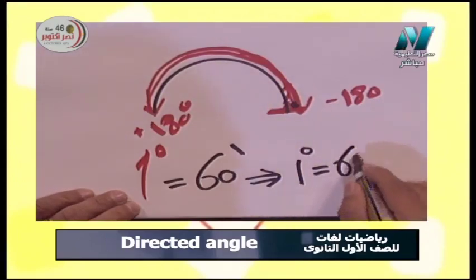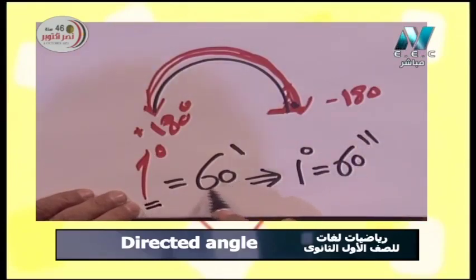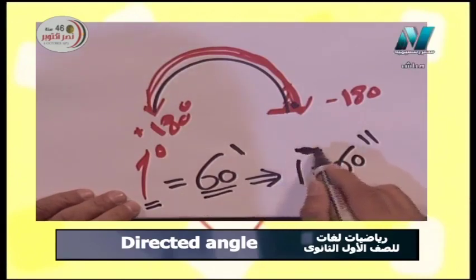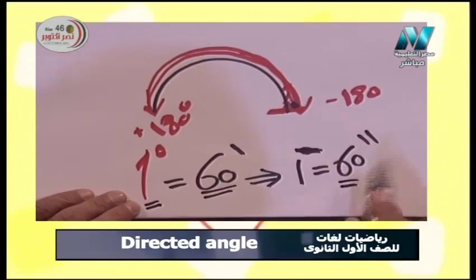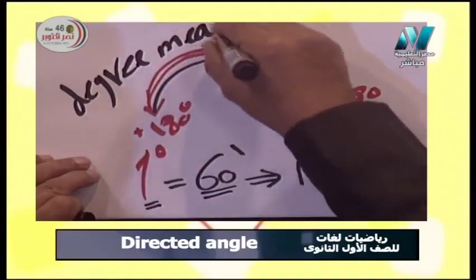We call it 60 seconds. So 1 degree equals 60 minutes, and 1 minute equals 60 seconds. Okay, this is the degree measure. We call it degree measure.